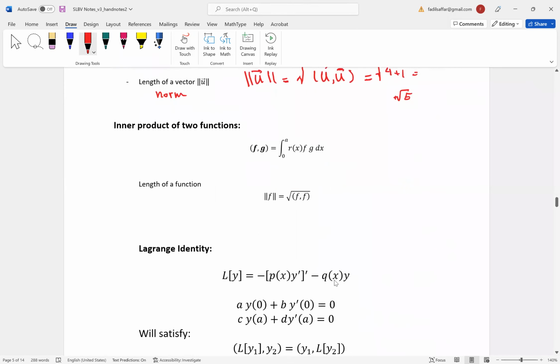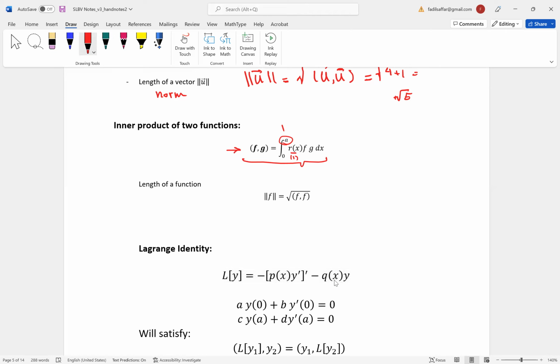Now the inner product of two functions is defined by this integral form here. Many times this r becomes 1, but not necessarily, and in many of our problems this a will be 1 as well. So this is the definition of the inner product of two functions.